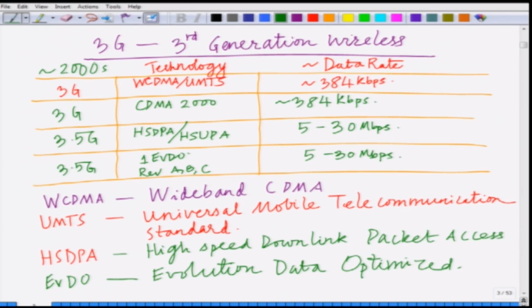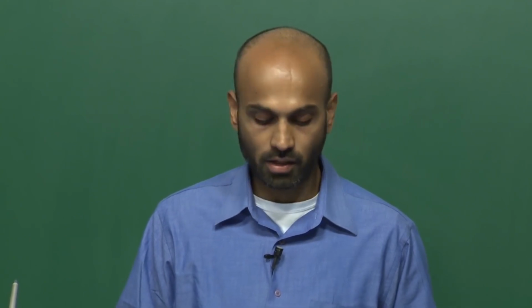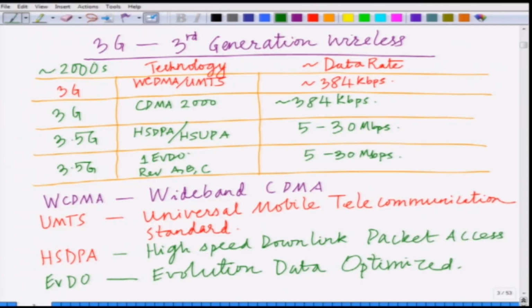All right, so we have these different standards: WCDMA, which is wideband CDMA; UMTS, which is the Universal Mobile Telecommunication Standard; HSDPA, that is the high speed downlink packet access, and the corresponding uplink standard is HSUPA, which is the high speed uplink packet access, and we have EVDO, which is evolution data optimized. And as we said, these span roughly the decade of the 2000s and had data rates around hundreds of kilobits per second to a couple of tens of megabits per second.